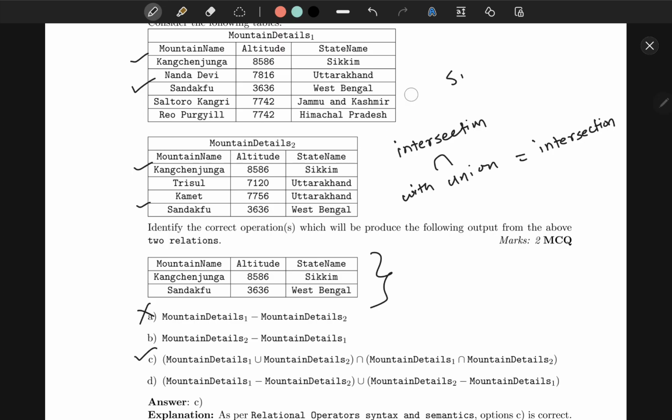And if you compute S2 minus S1, West Bengal cannot be in the result, hence B is also wrong. Now it has to be C or D.